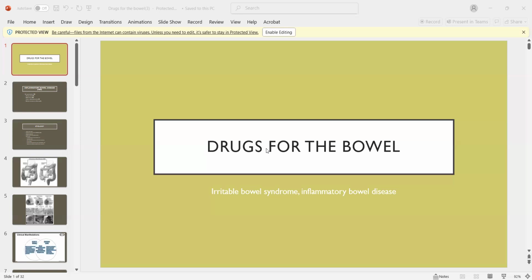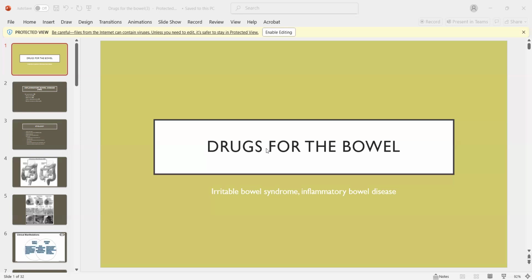Elizabeth, you're on the right track. The cobblestoning. Why does Crohn's do the cobblestoning? It affects the entire thickness of each tunic. So you have four tunics of the GI tract. Everywhere in the GI tract, you have the four tunics.